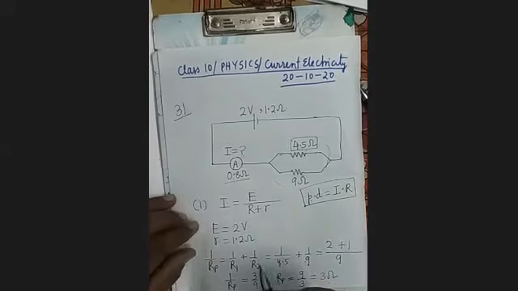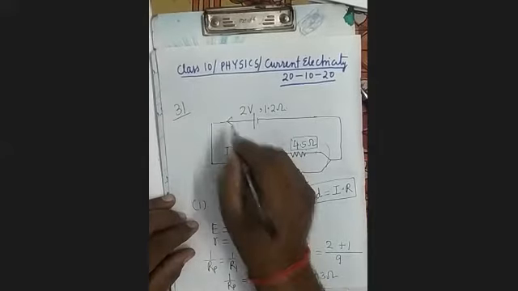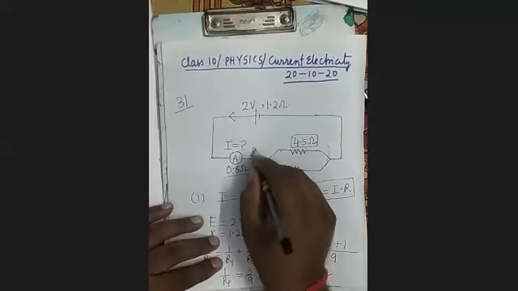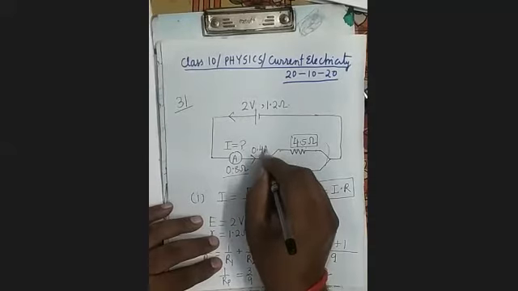Now see here, what is the total current here? Total current just now you have got 0.4 ampere.